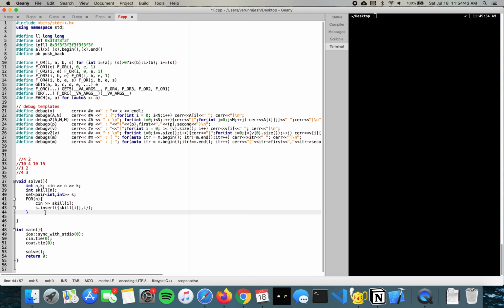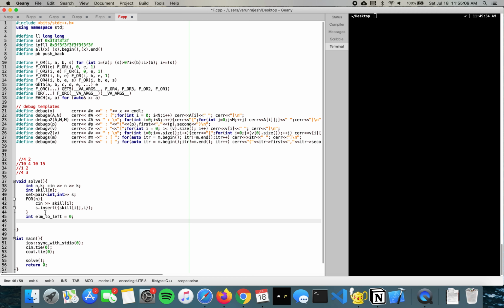Okay, so now it's going to be sorted, and so we want the number of elements to the left. So what we can do is create some integer, which I'll say elements to the left, which is initially 0, right?